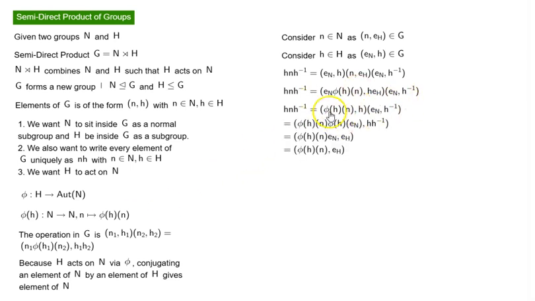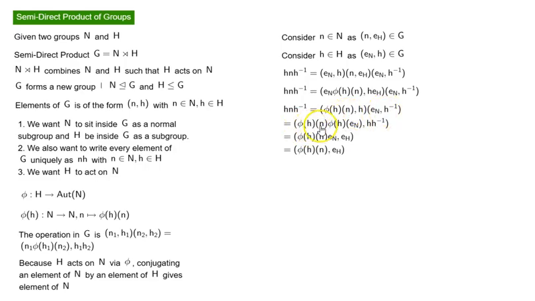Of course, before that we will simplify it. e_N times anything will not make any change, so we don't write it. Phi of h of n as it is, then (h, h), because h times the identity of H gives us h itself, times (e_N, h inverse). So this step is basically simplification of this. Now let's actually multiply these two.